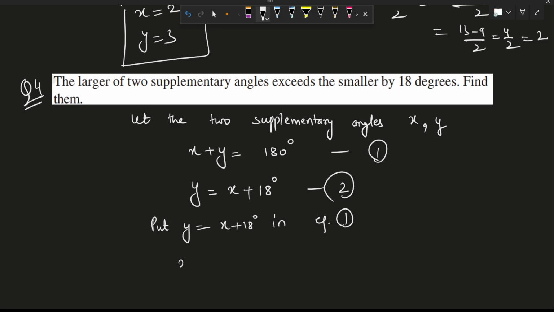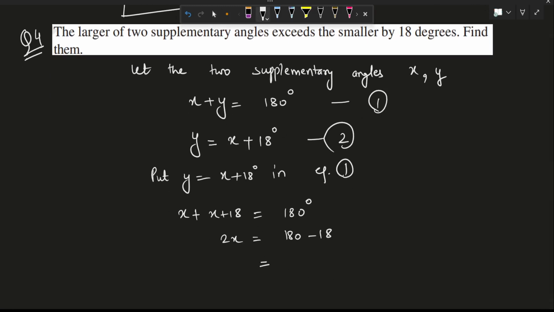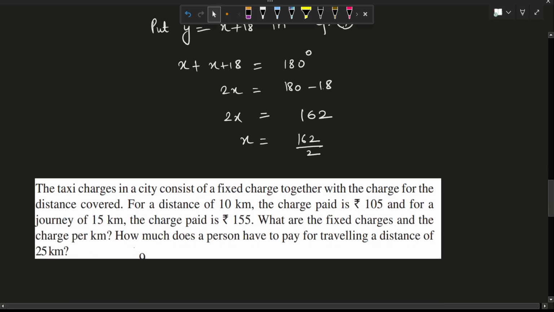And when I put it, so I have x plus x plus 18 is 180. So 2x is equal to 180 minus 18. When you subtract it, what will you get? 10 minus 8 is 2. 7 minus 1, 6. 162. So 2x, so x comes out to be 162 by 2, which is 81 degrees.